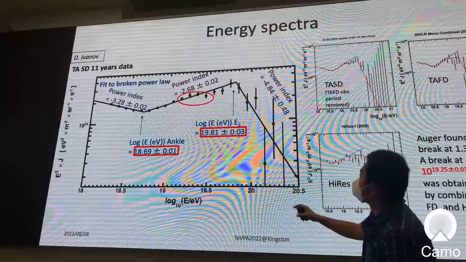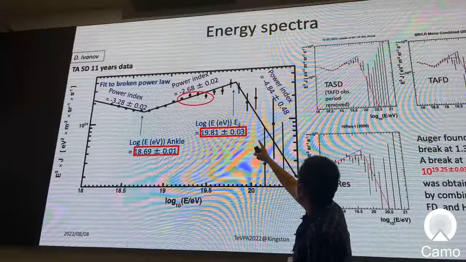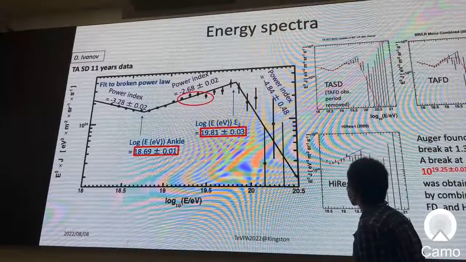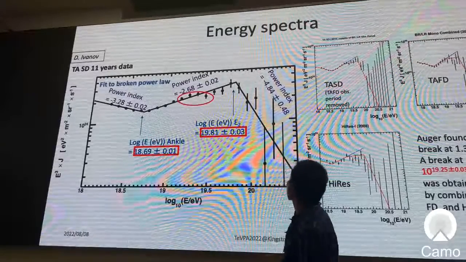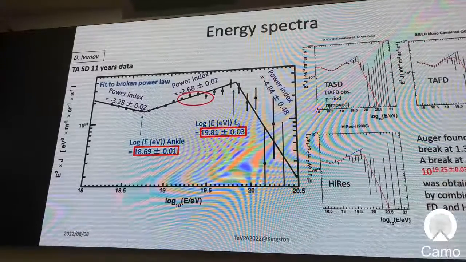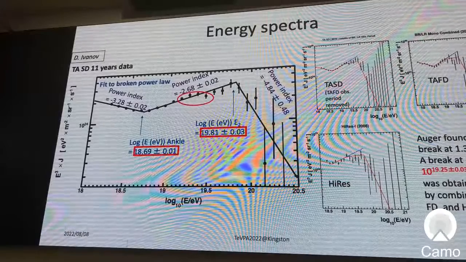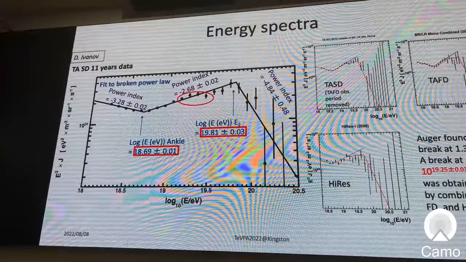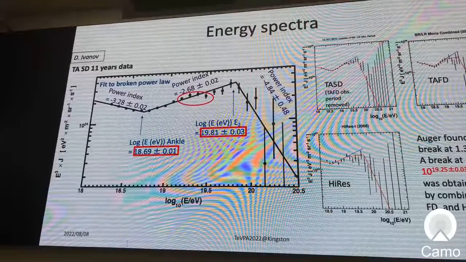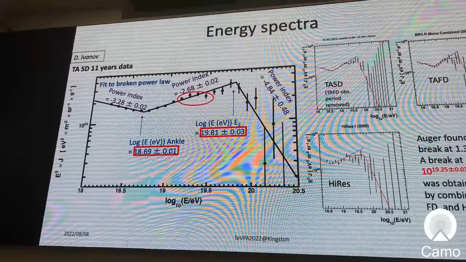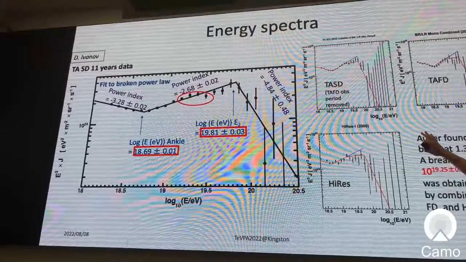And recently, Auger found a new break at 1.3 times 10 to the 19 electron volts here. Then we also combine with other data to estimate whether that feature is correct or not.